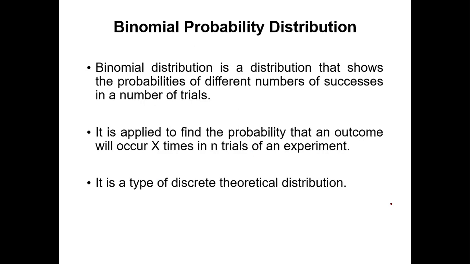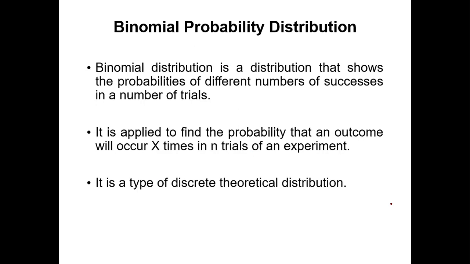So if I want to find a probability that, let's say, 6 cars or more have an accident on a road, the probability that a car will have an accident is a probability of success because that is what I want to find. So let's not think of probability of success as always something good. It is what the researcher wants to achieve.